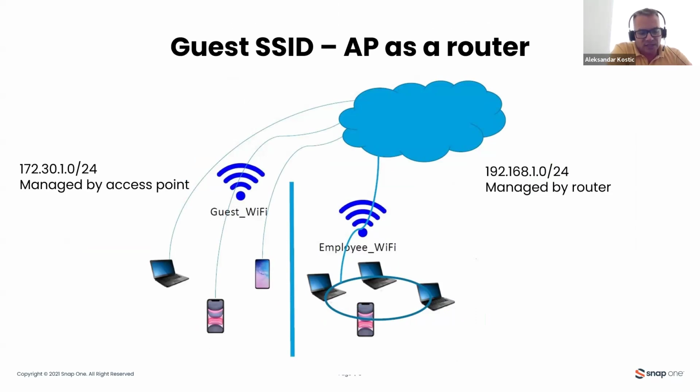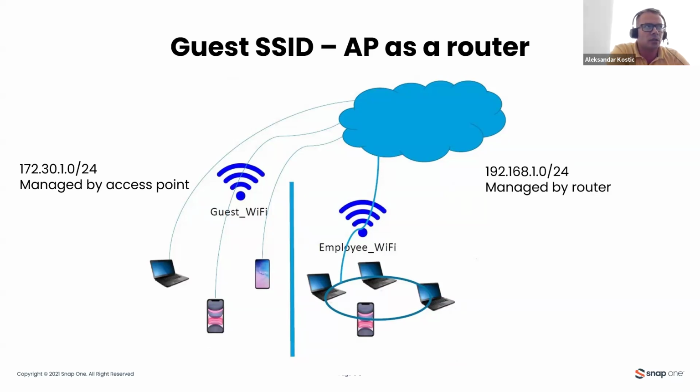The main difference is that all devices connected to the guest SSID are completely isolated from the rest of the local network, and they have access only to the internet, nothing else on the local network. So even without any knowledge of IP addressing, firewall rules, access lists, you can easily, just by enabling the guest network, completely isolate devices on your local network and provide them only internet access.